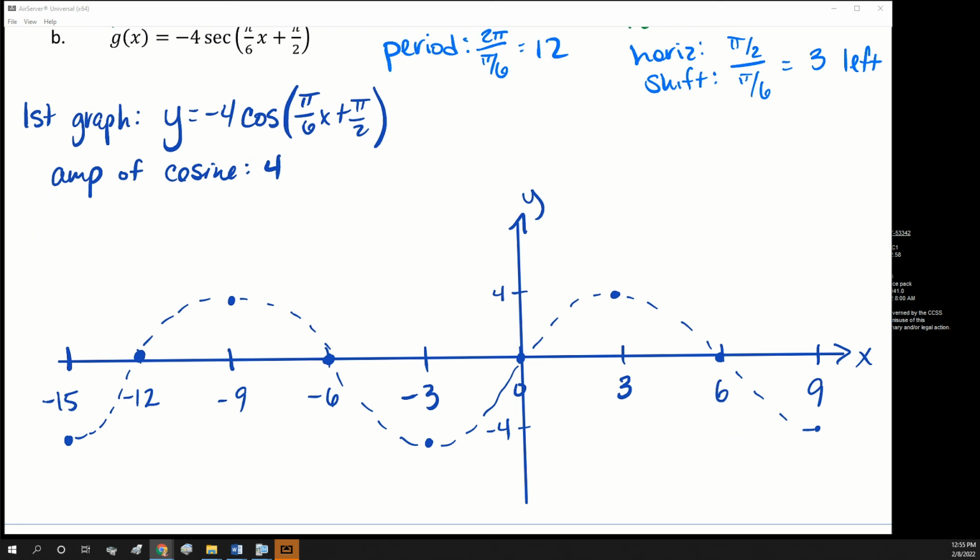Okay. And then it's just vertical asymptotes and parabolas is all we have left to do. So the middle points become vertical asymptotes. And then the max and min points have little parabolas touching them.